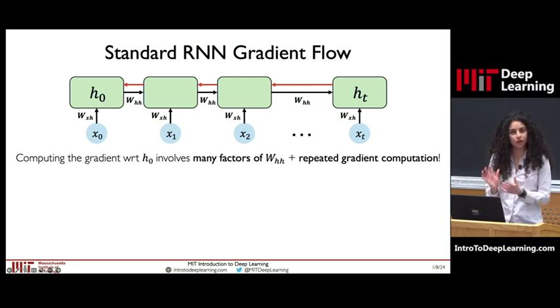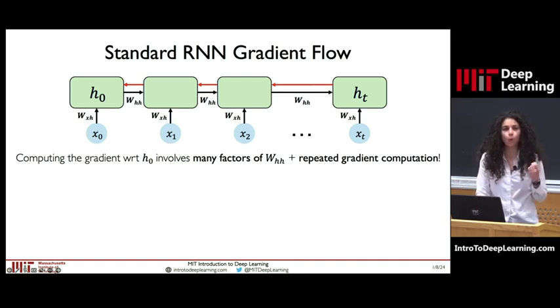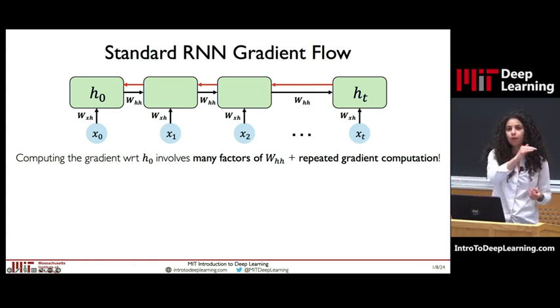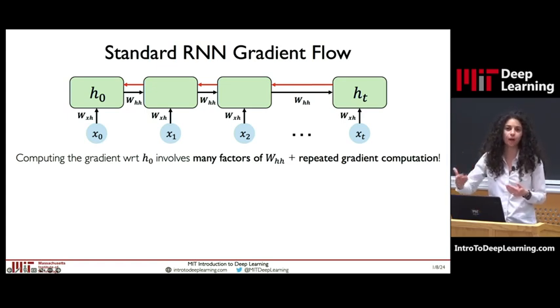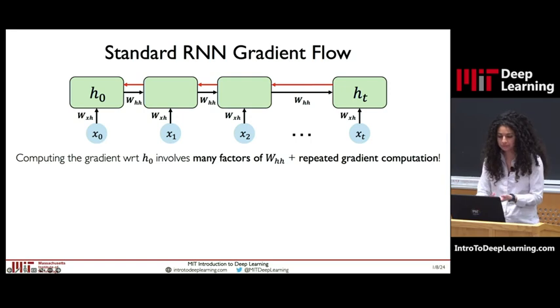If we take a closer look at how this computation actually works, what backprop through time means is that as we're going stepwise, time step by time step, we have to do this repeated computation of weight matrix, weight matrix, weight matrix, weight matrix, and so on.